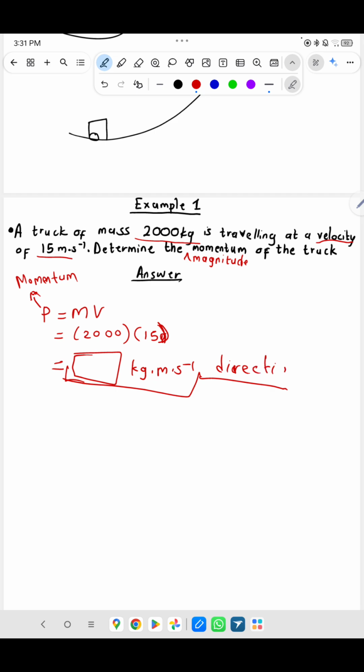So if this truck was traveling to the right, then we will say the momentum is whatever you got here, kilogram meters per second to the right. That will be your direction. But when they only say determine the magnitude of momentum, it means they don't need the direction, so you don't need to include the direction.